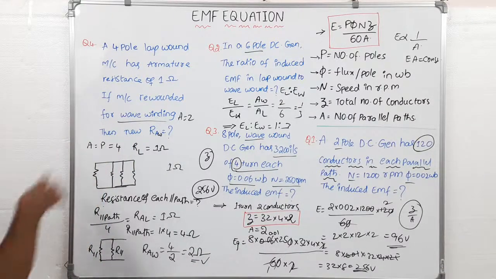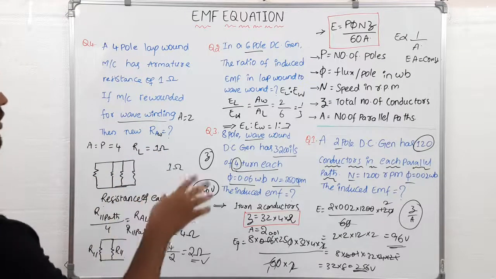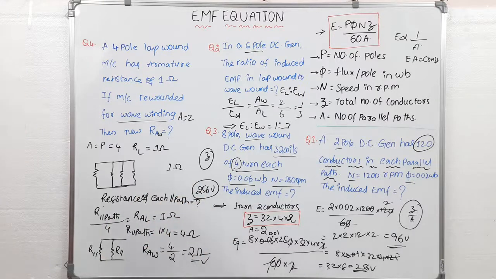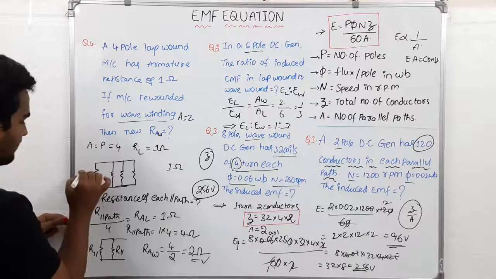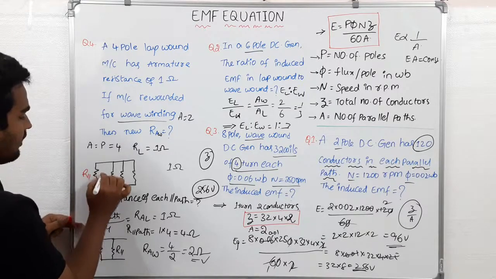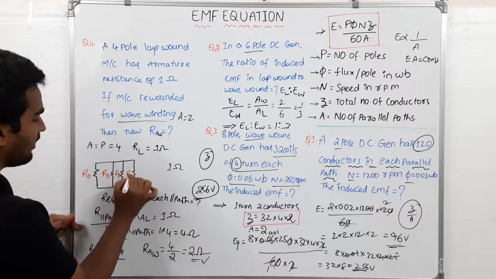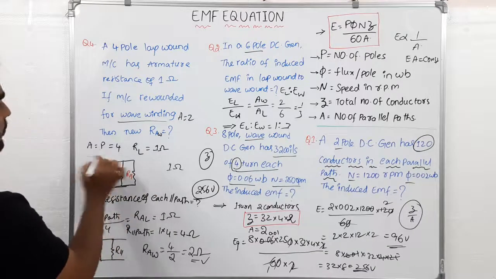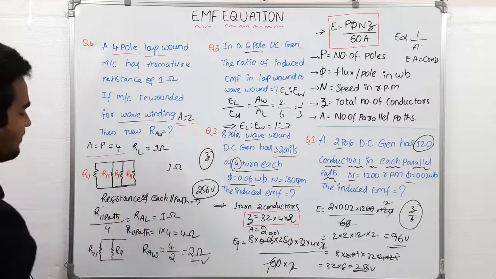This type of problem is important, and I think I have covered 4 different kinds of problems. In the next video we'll see some more problems. There are 4 parallel paths in a lap wound machine and 2 parallel paths in a wave wound machine.